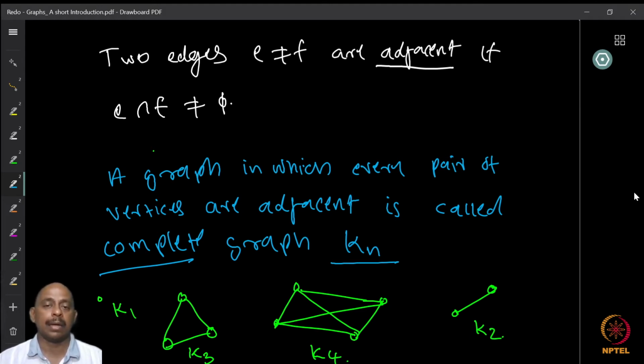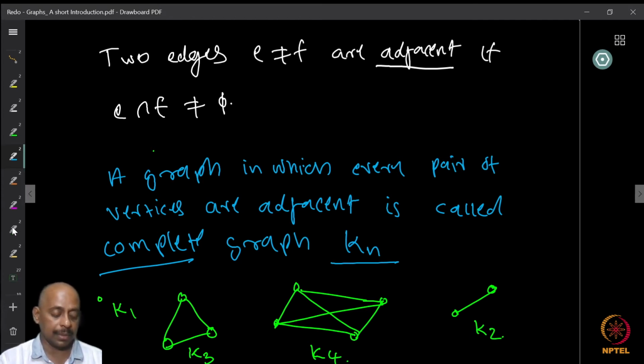Now, for our purpose, since the graphs are simple, if they are not adjacent, then the intersection is empty, or otherwise it will have exactly one element. But when we talk about other types of graphs, not necessarily simple graphs, we will also come across cases where the endpoints of the two edges could be the same. That we will not discuss in this course.